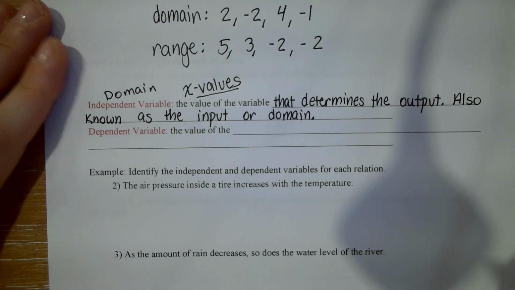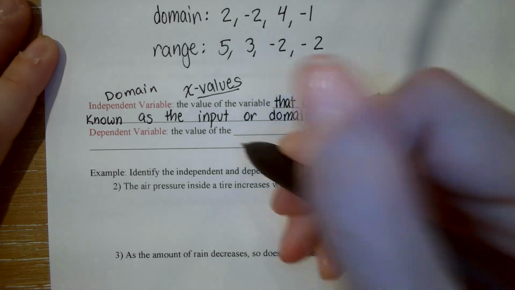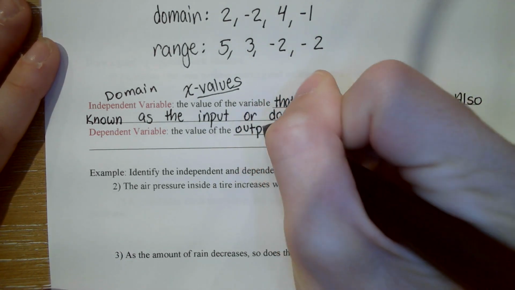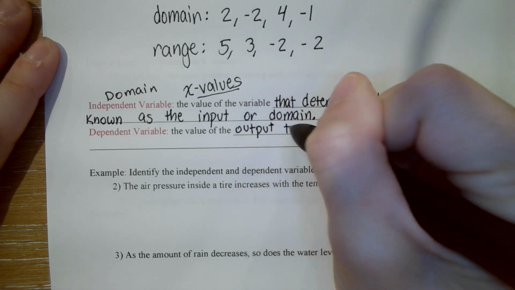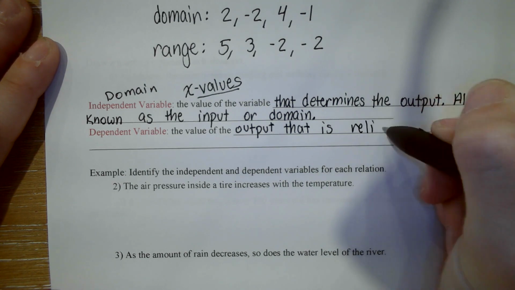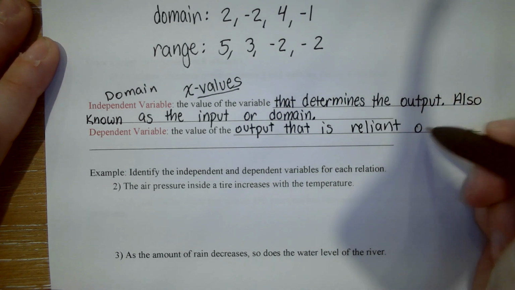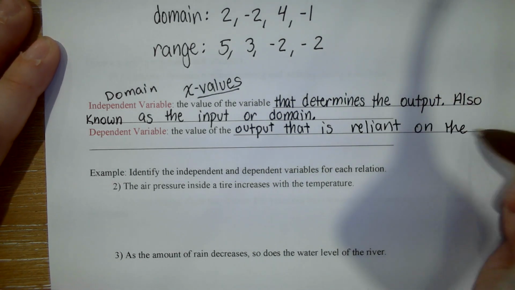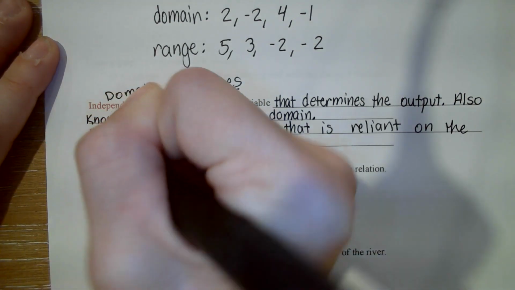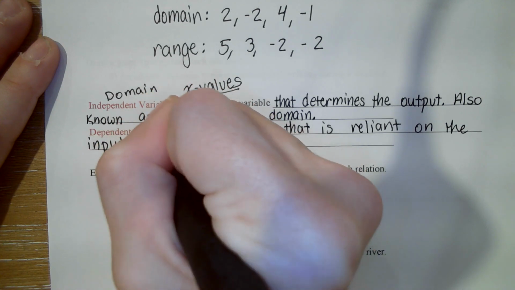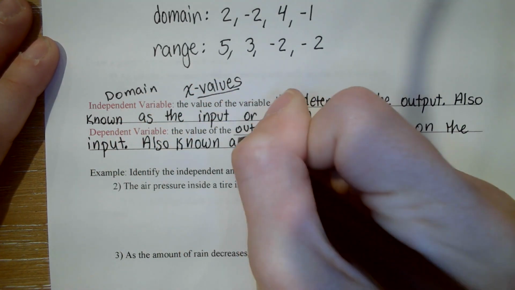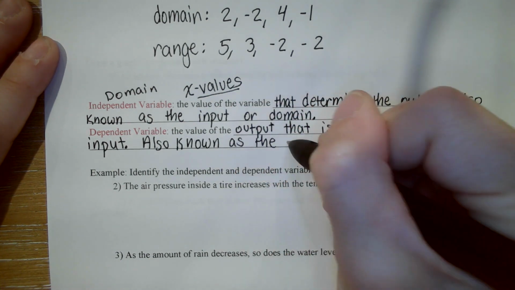Now, dependent variables, the value of the output that is reliant on the input. This is also known as the, take a guess, range.